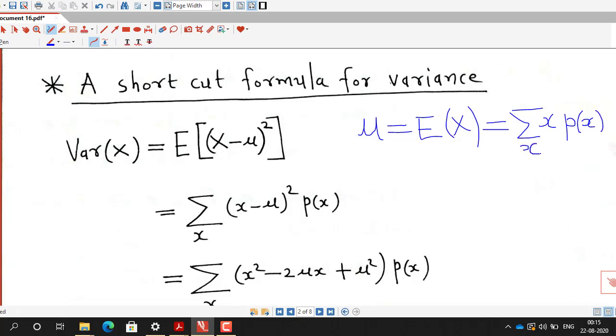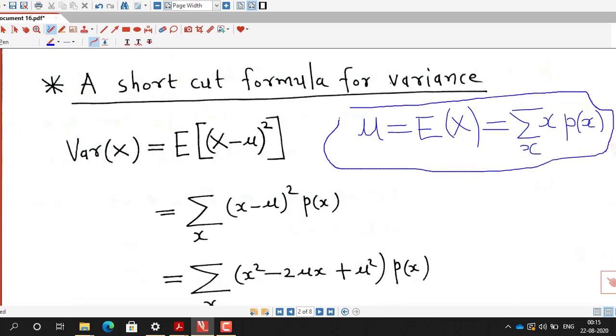Summation is for all possible values of random variable. So this mean is used here, mean of a random variable or expected value of a random variable.